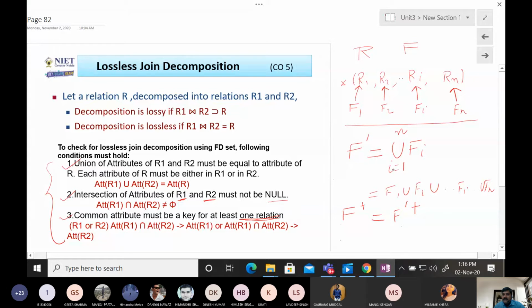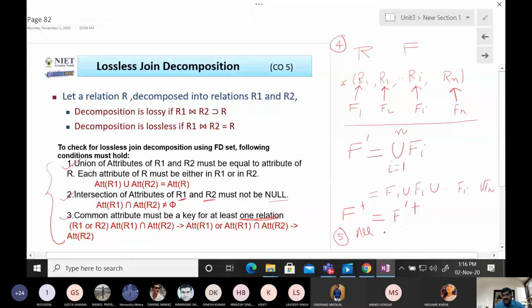But this is not a mandatory condition. Sometimes people say that all the sub-relations should be in BCNF. This is also a desirable condition, not a mandatory condition.